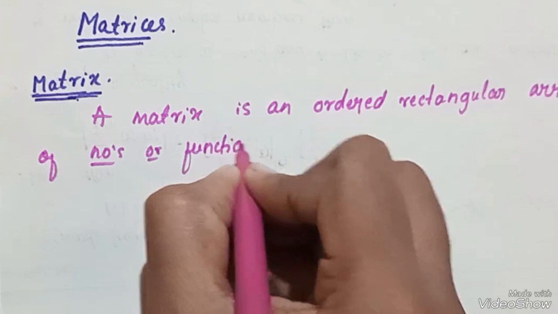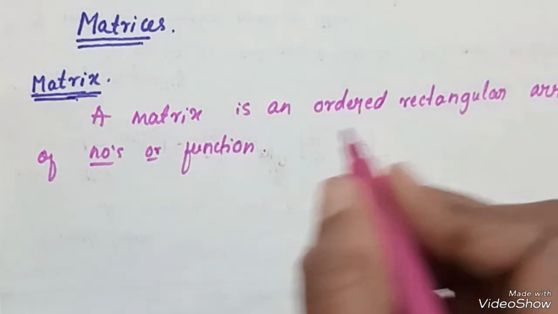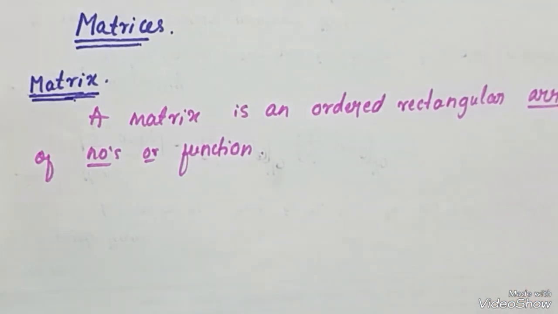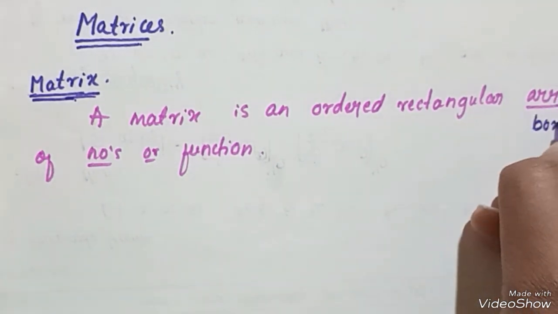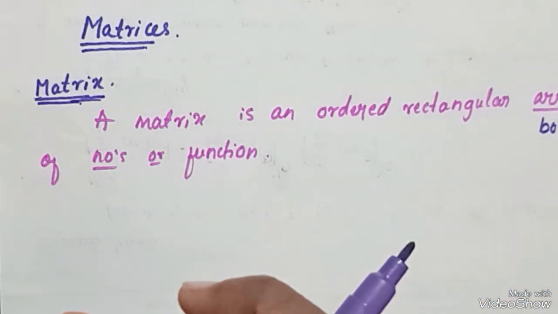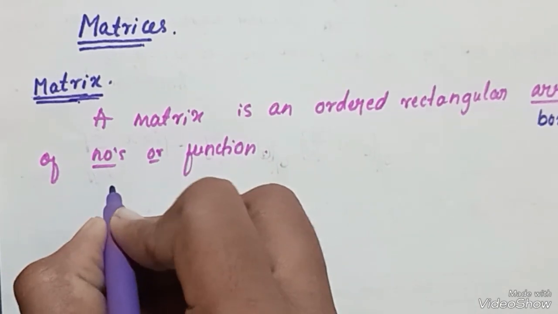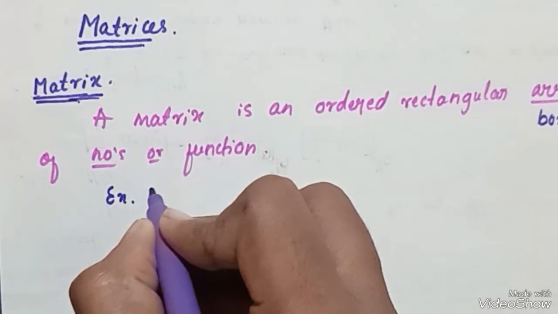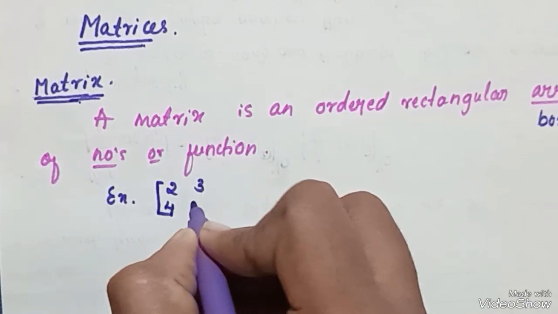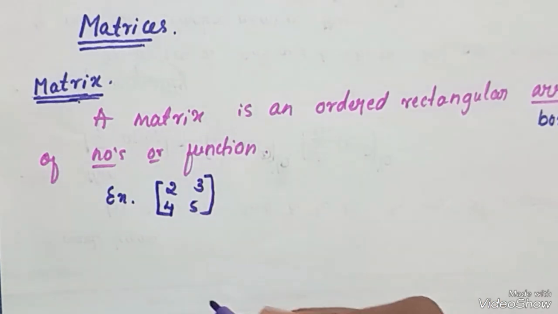It means numbers or functions are written in a rectangular array, meaning a box. The numbers or functions are arranged in a rectangular box manner. For example, 2, 3, 4 and 5 is one of the rectangular arrays.